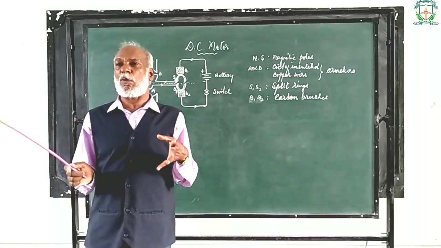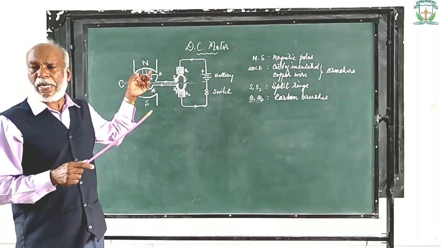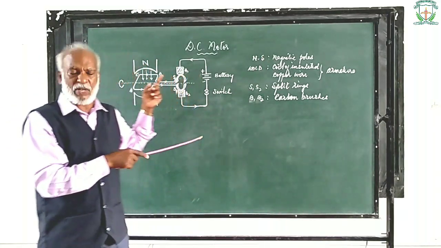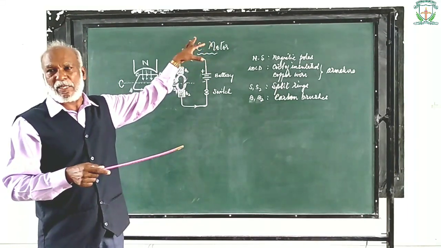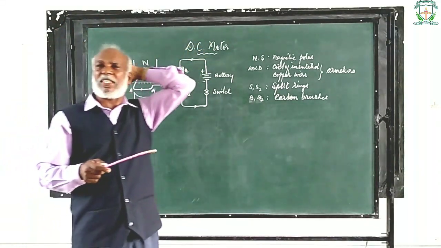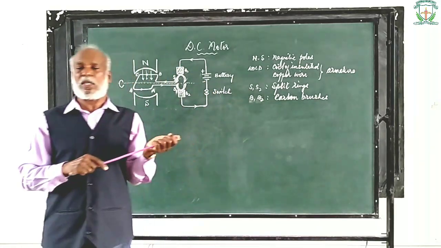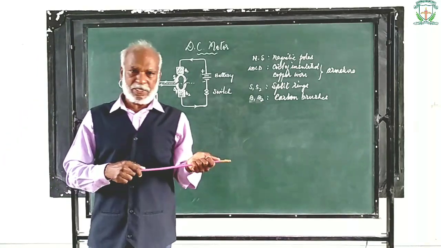So, children, I hope you understood the construction and working of a simple DC motor. We used direct current, so it is called a DC motor. We are not going to deal with the AC motor, as its construction and working are quite different. When you go to higher classes, you will learn about it.